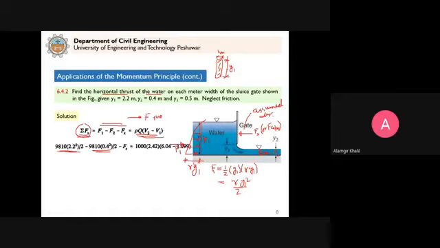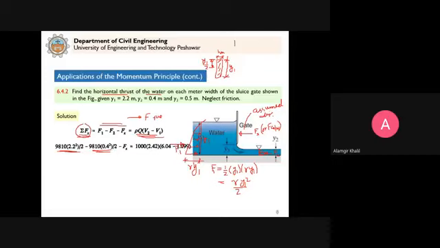Now, if I want to calculate the force which the fluid exerts against this rectangle, we need to calculate the centroid of this area. What will be the centroid? Since it is a rectangle, it will be y1 by 2.